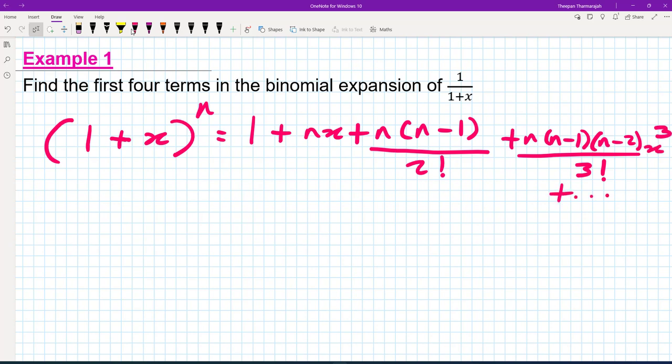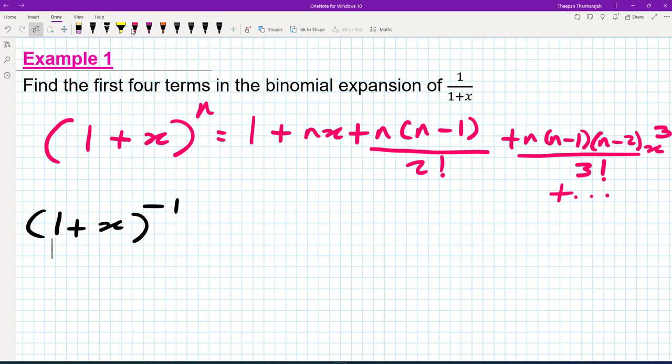Because it's a series, the series continues. So if we take this example here, we have 1 over 1 plus x. Now that's the same thing as 1 plus x, all raised to the power of minus 1. So in our case, we have a negative power, as in minus 1.